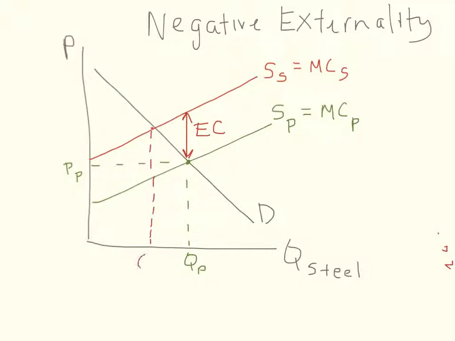We'll call that QS for the social optimal quantity, and the price would be over here at PS. So note that if we take account of this negative externality, we should be looking at a much lower quantity produced and a higher price charged for each unit of this steel which is being produced.